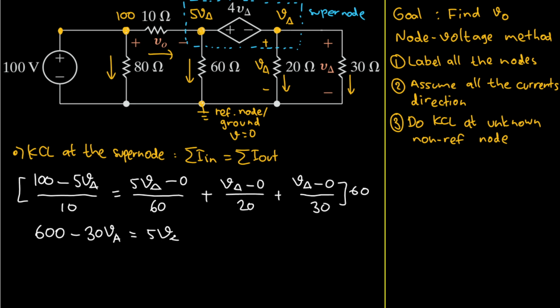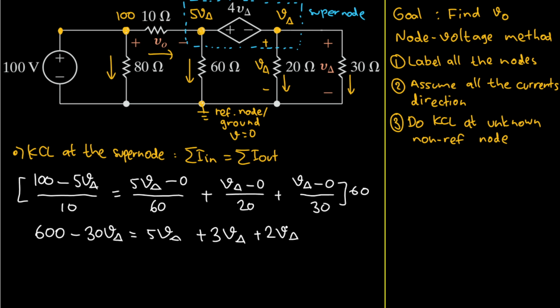Sorry, that is not VA, but V delta. Okay, let's rewrite that. Here we will have 20 and 60 cancel into 3, so I'll have 3 V delta. And then we have 30 and 60, and that will cancel into 2, so I will have plus 2 V delta.